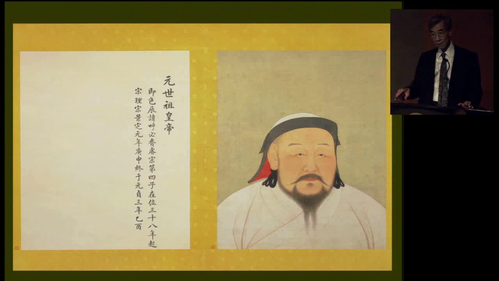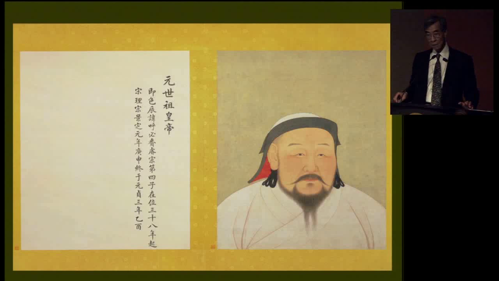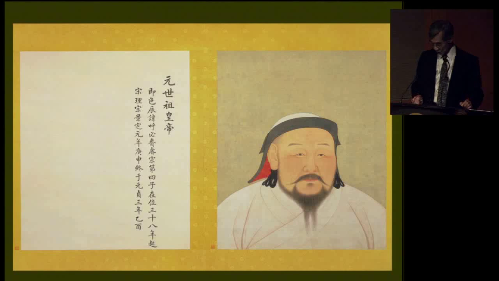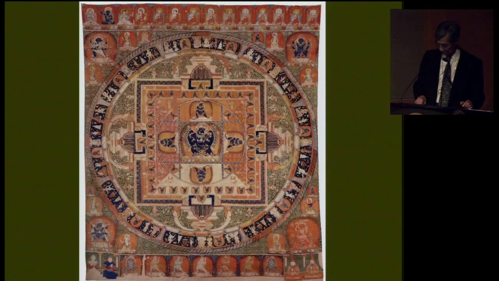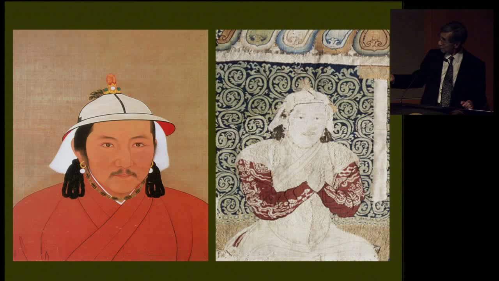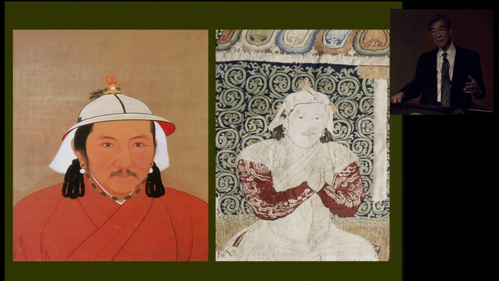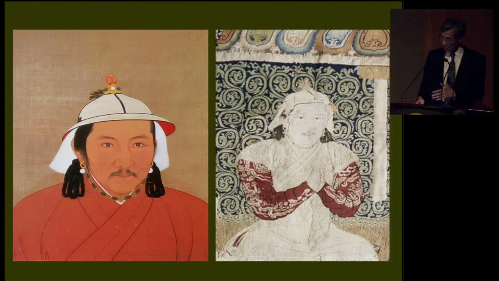done in textile. In the palace records, composed in the time of his great-great-grandson, Tuk Timur, there's a chapter on imperial portraits, and there's a preface to this chapter which says, in the beginning there was painting, and then there was sculpture, which was better, and now we have textile, which is the supreme form of art.